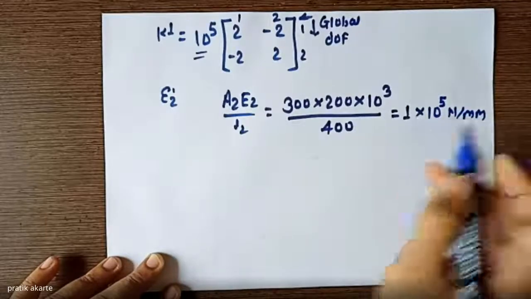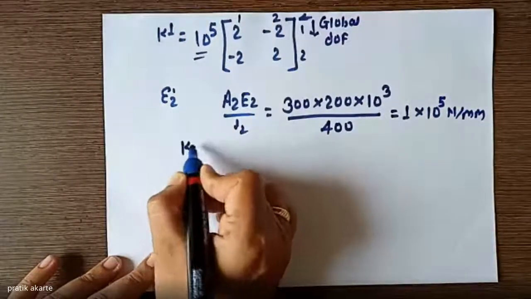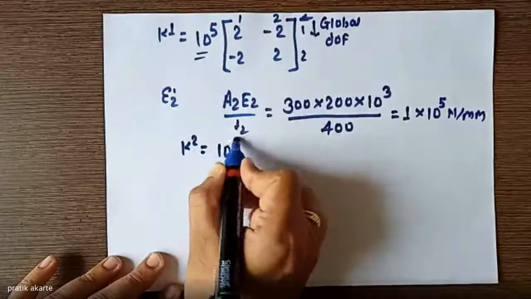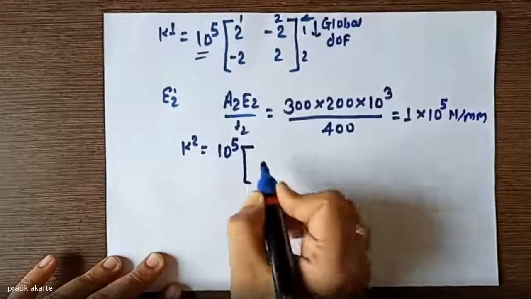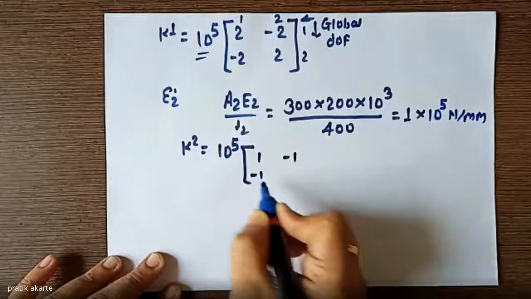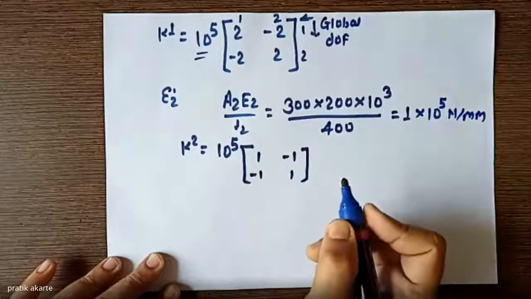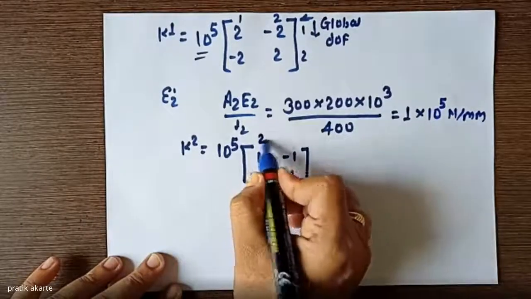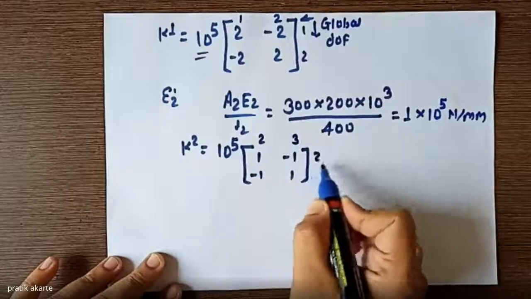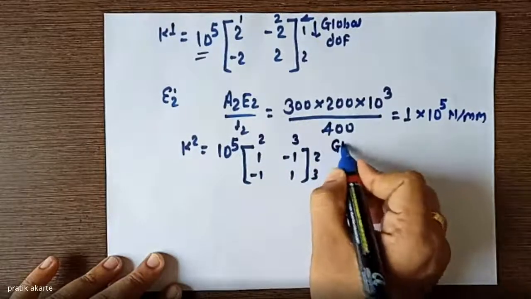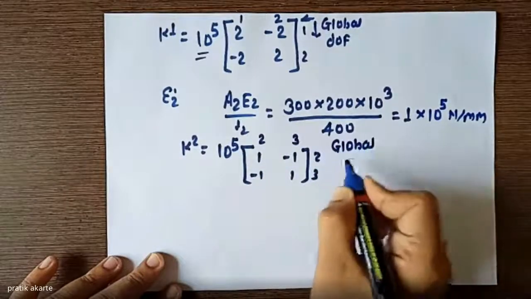So obviously now we are taking this 10 to the power 5 as a common term, and we'll be writing 1 minus 1, minus 1 1. And now you can guess we will be writing 2 3 and 2 3, which are your global degrees of freedom.